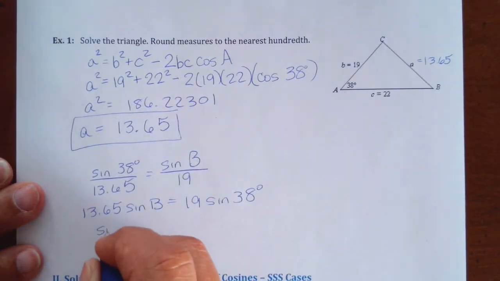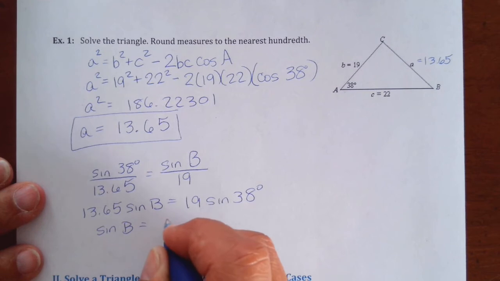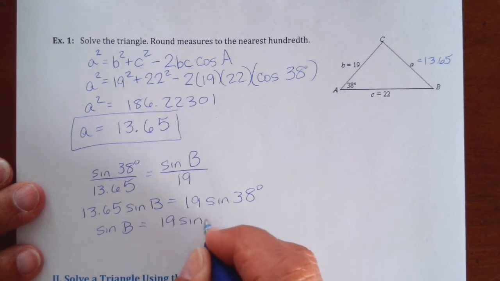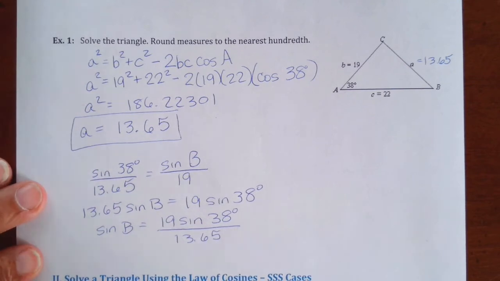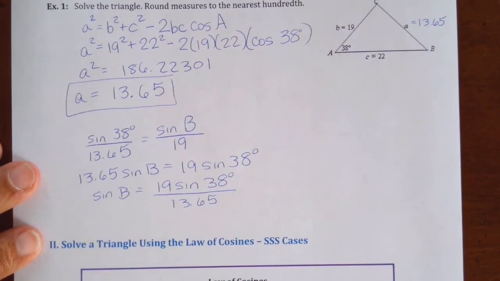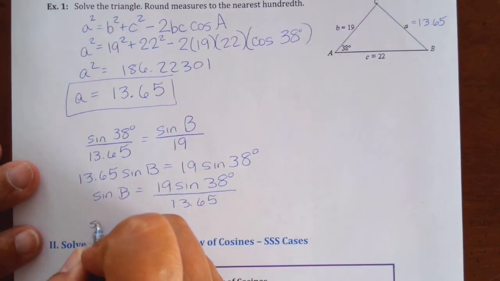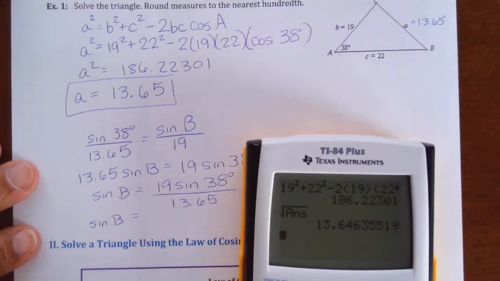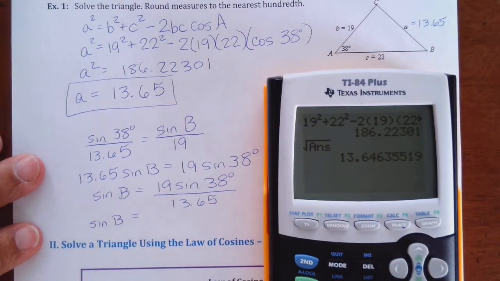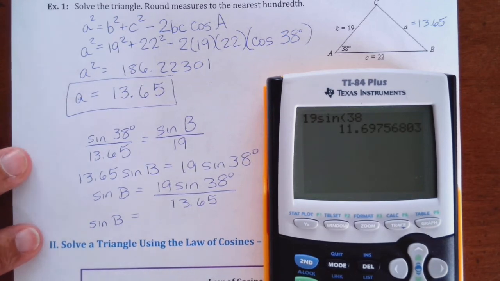Divide both sides by 13.65. And then we'll take the inverse of that number, right? So let's go ahead and find that. So the sine of B equals, so we're going to do 19 times the sine of 38 and divide that by 13.65.